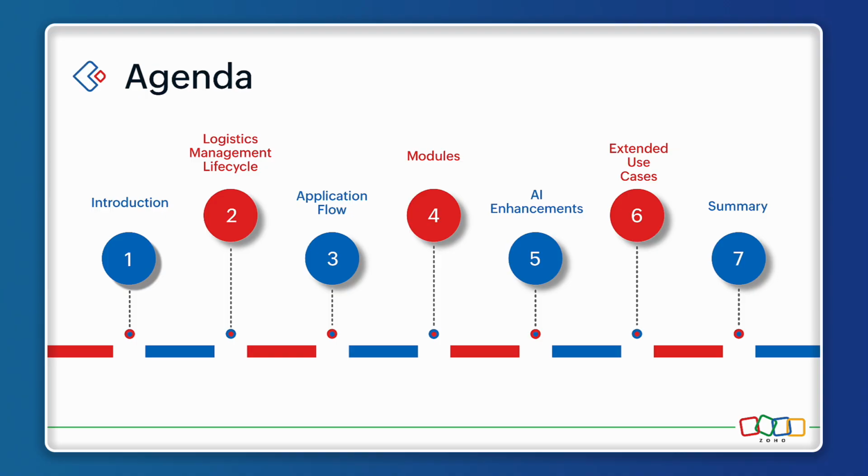Then we will understand who the application users are, along with the different modules that we have created. We will also discuss the different AI capabilities that we have brought inside the application.